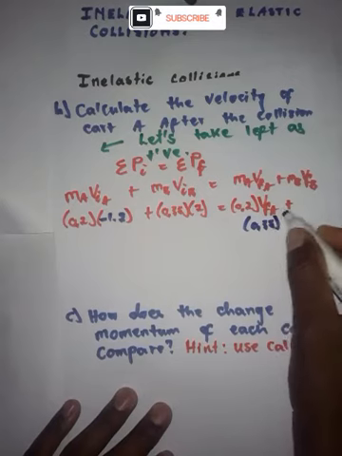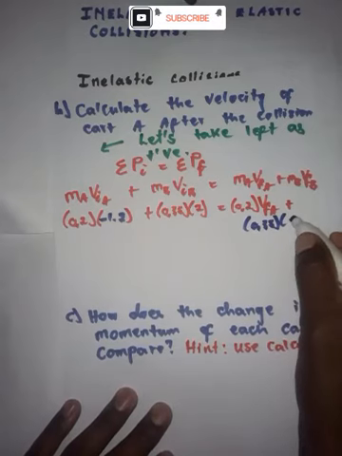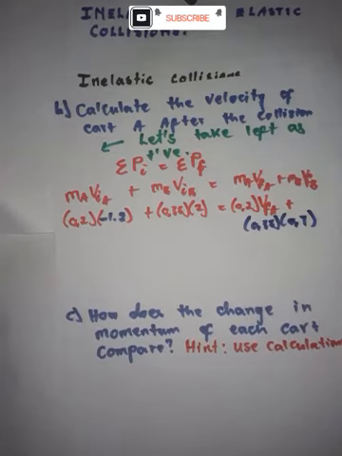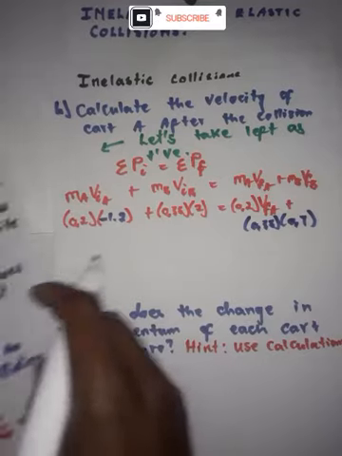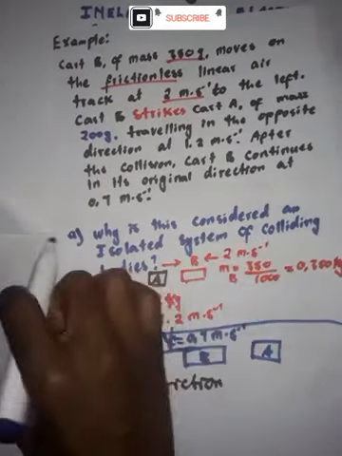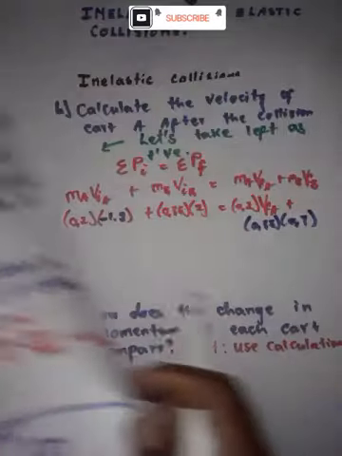0.35 multiplied by, since it's going in the same direction as the original direction, they specified that this is going in the original direction, so it's going to be positive.